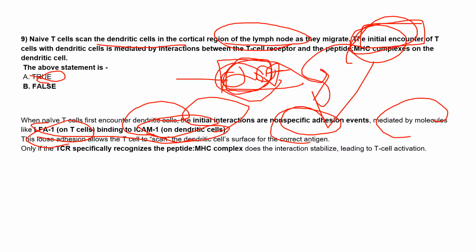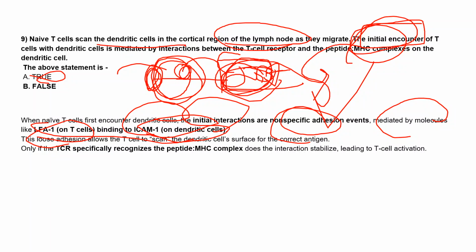But before that, before the infection response starts, the dendritic cells come, the naive T cells come, and they interact, which is a kind of non-specific adhesion event. There is a receptor LFA1 on the T cells and a receptor ICAM1 on the dendritic cells.